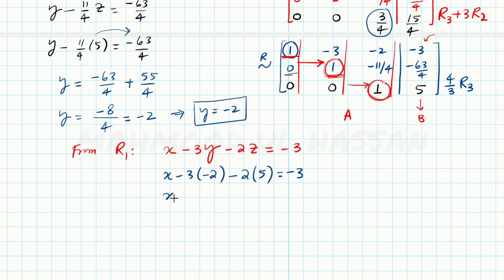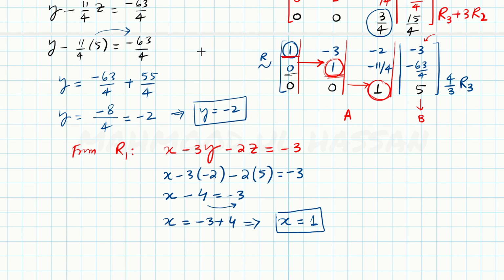Putting in the values, y is negative 2 and z is 5. Negative 3 times negative 2 is positive 6, and minus 2 times 5 is minus 10. So 6 minus 10 is minus 4, equal to minus 3. Shifting this 4 to the other side, x is equal to minus 3 plus 4, which is 1. So this is the value of x.